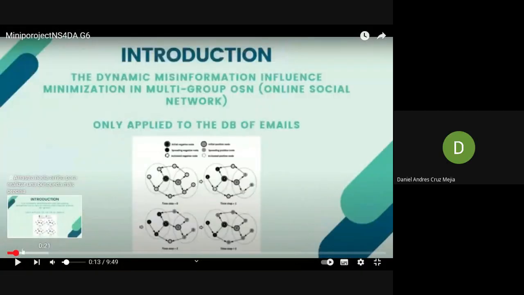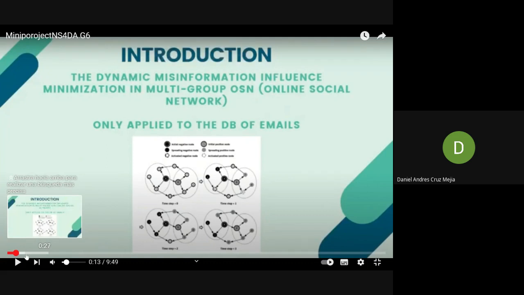The article that we tried to reproduce was about the dynamics of misinformation influence minimization in multi-group online social networks. This is basically the subject that we spoke about this whole class.